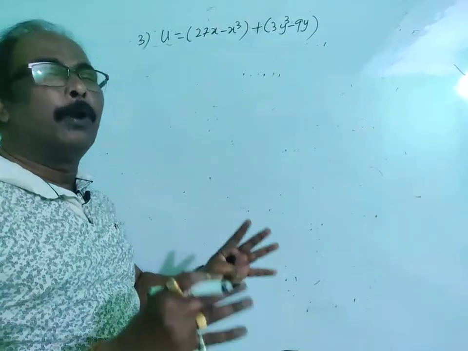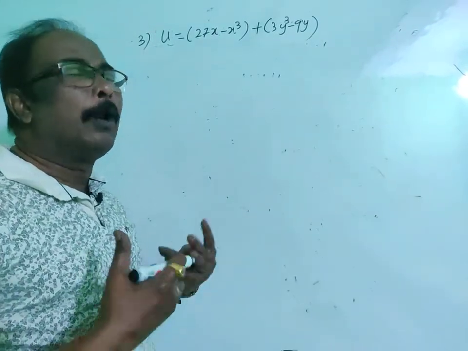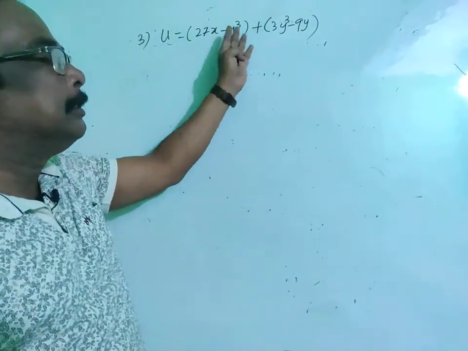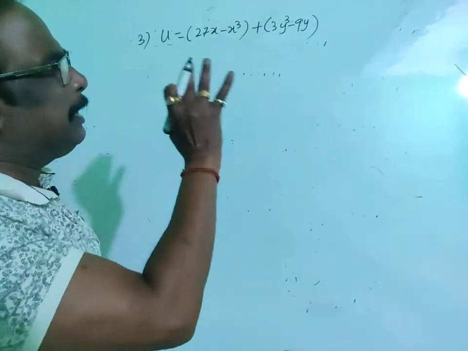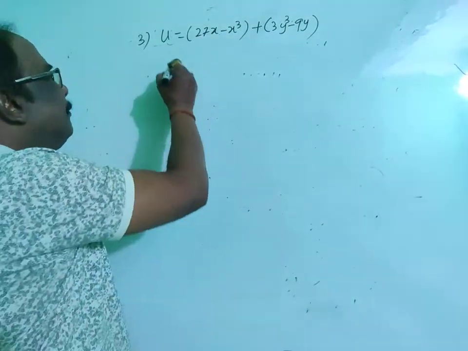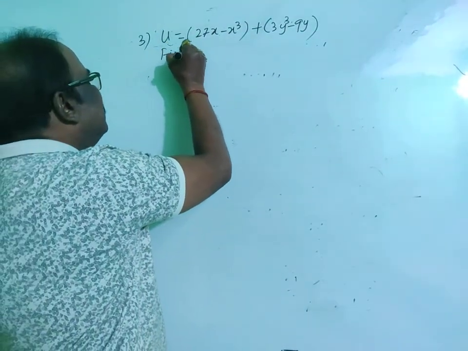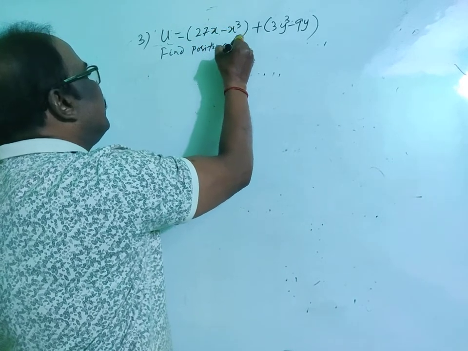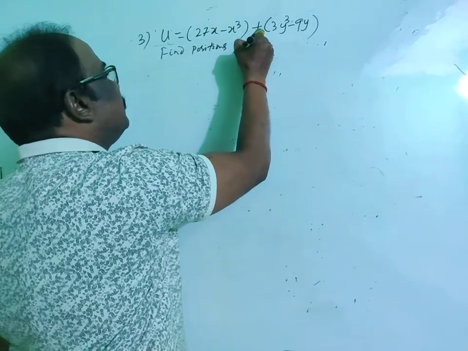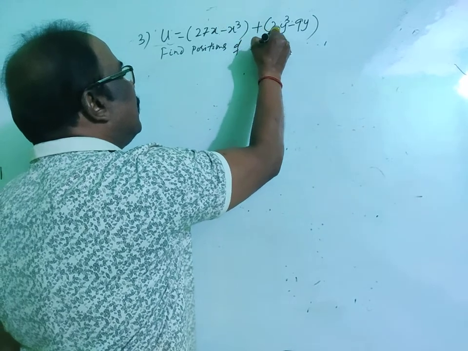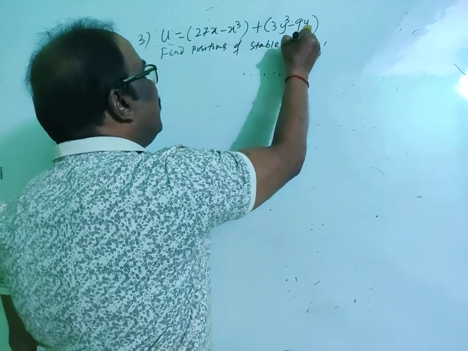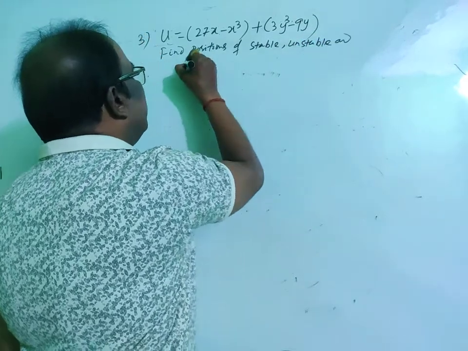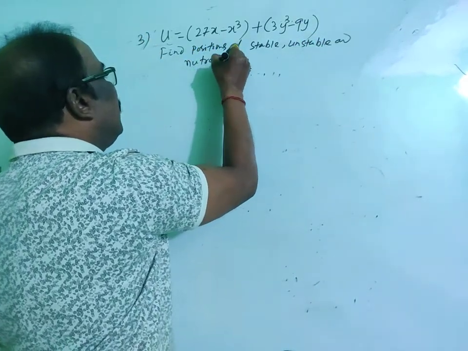We may consider only along the y direction or only along the z direction. Here we have combined both x and y directions. Then the question says, find positions of stable, unstable and neutral equilibrium.